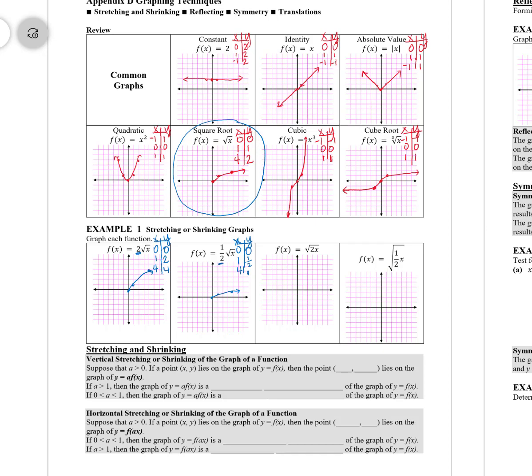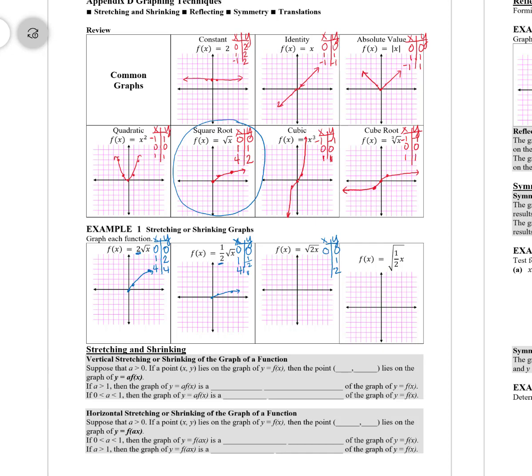Now it gets a little more complicated when you have a number that's inside of the radical. So what I'm going to do when I make a table is force it so that my y's stay the same, so my y's stay as 0, 1, and 2. And you'll see why in just a minute. So if I plug in 0 for y, do you see how x has to be 0?